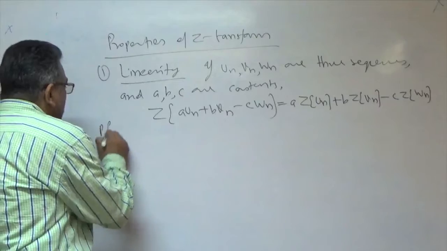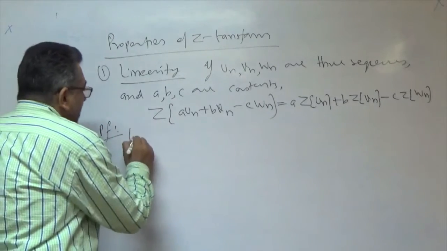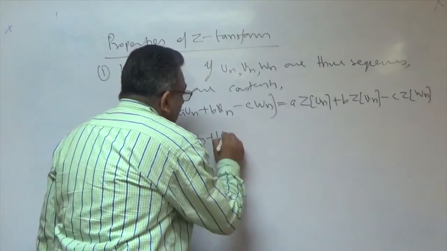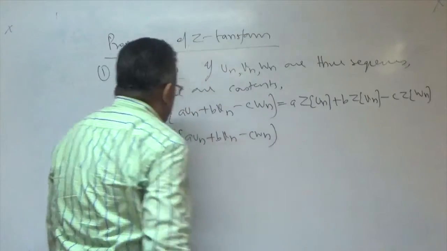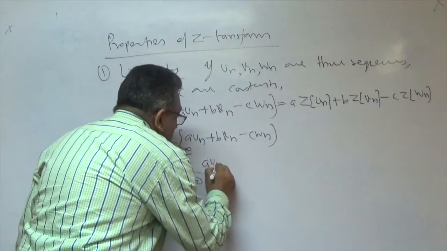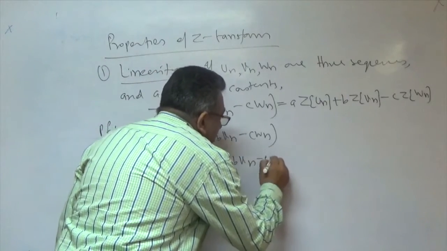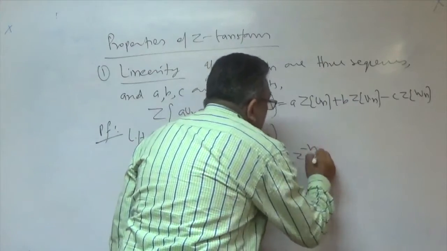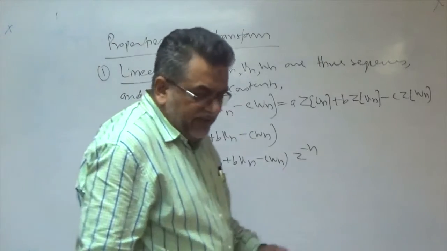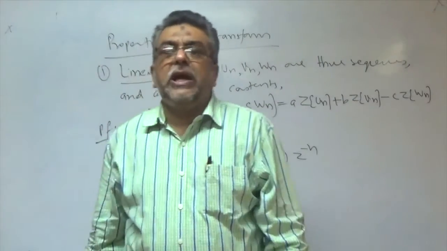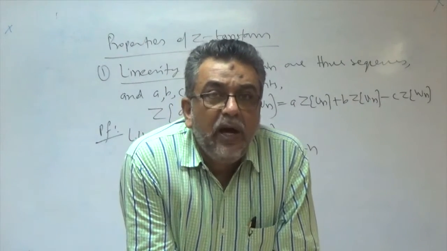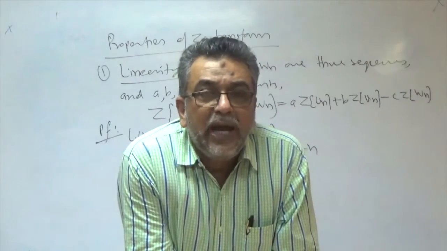First, verification of this, that is very simple. Proof of this: if we take the left hand side, then Z of a un plus b vn minus c wn. By definition of Z transform, this is sigma n equal to 0 to infinity of a un plus b vn minus c wn into z to power minus n. Then you know that by the property of the summation sign, you can take the sigma sign inside the bracket, and constant terms which are independent of the sigma values can be taken outside.